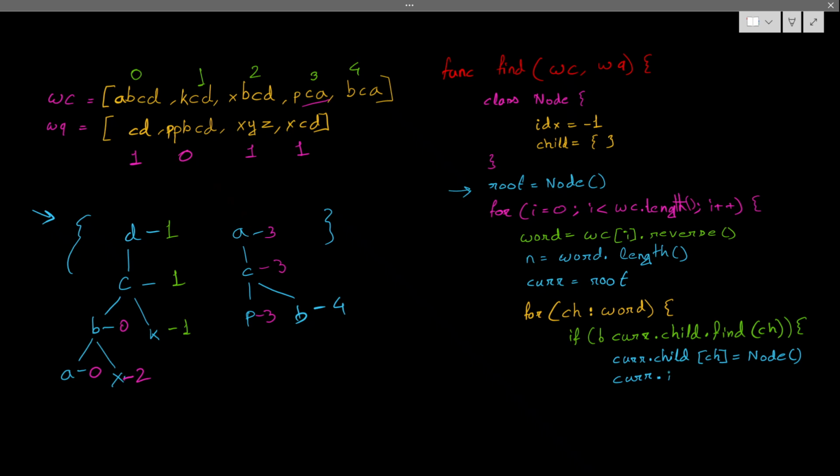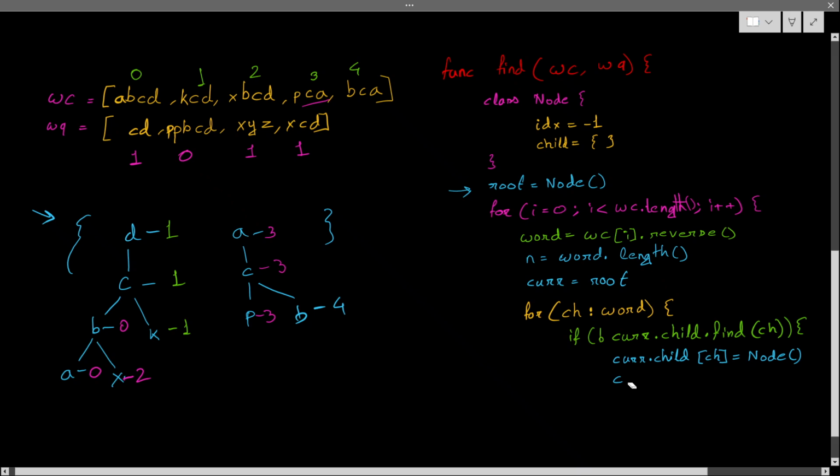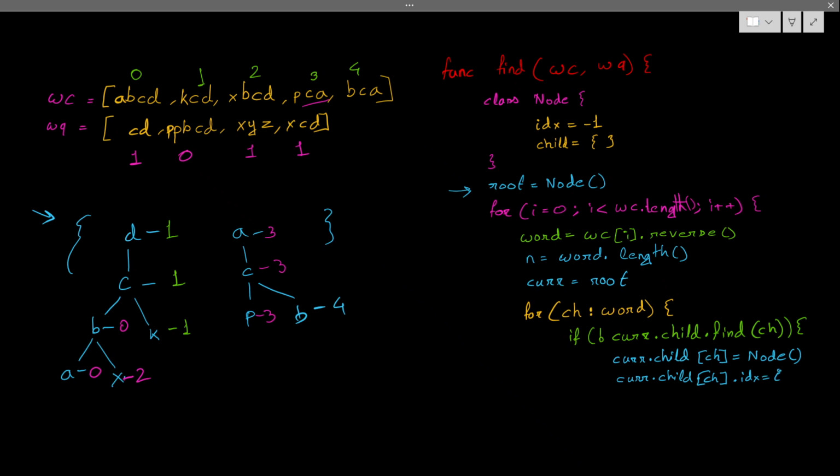So current dot child of character, then dot index equals my current index, which is nothing but i, that I have to store.